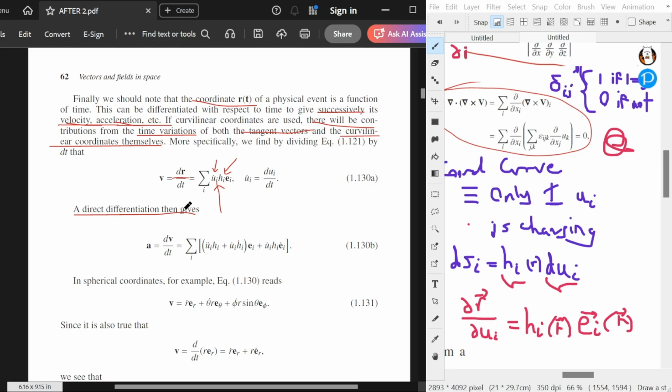A direct differentiation then gives a sum over i, and you differentiate this to get, we end up with two things here. There's a dot above this e, so this e got differentiated.